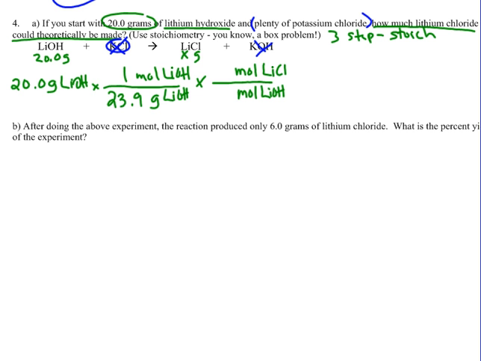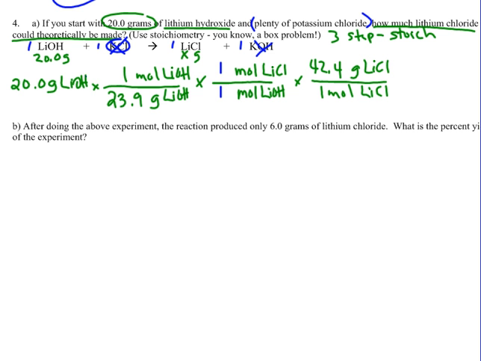And so from the balanced equation, it's very straightforward, it's a 1-to-1 ratio. We have 1 to 1 to 1 to 1. Our third fraction is going to convert moles of lithium chloride into grams of lithium chloride. And so grams of lithium chloride from the periodic table is 42.4.